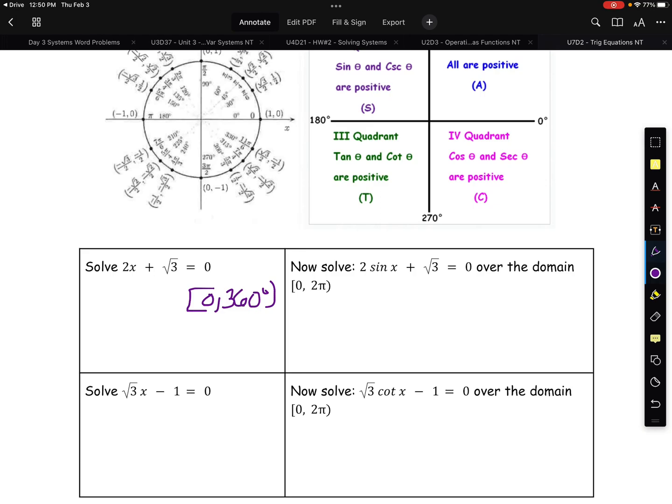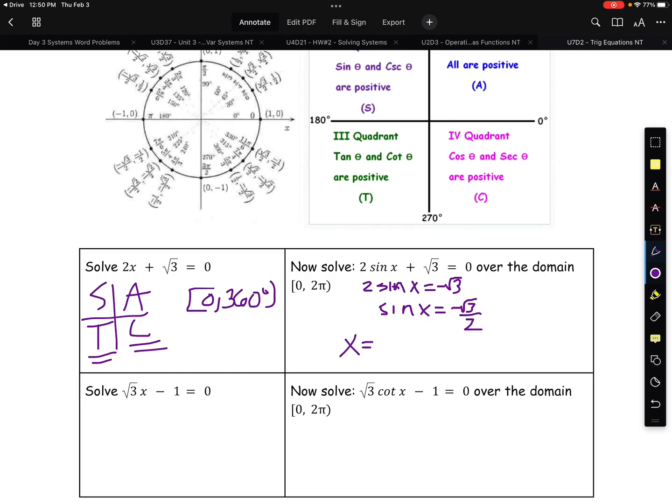So talking basic here, if we're solving 2 sine x equals negative rad 3, that gives us sine x equals negative rad 3 over 2. We can't forget our ASTC idea. If we're talking about negative sine, we're in quadrant 4 and quadrant 3. Where does sine have a rad 3 over 2 value?